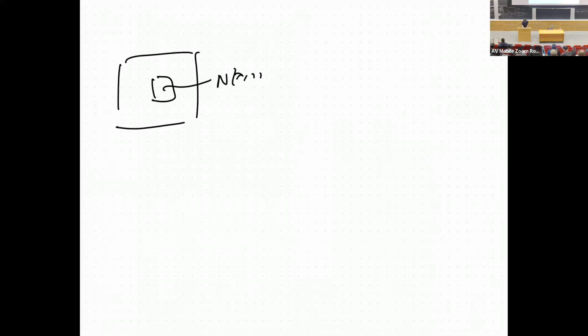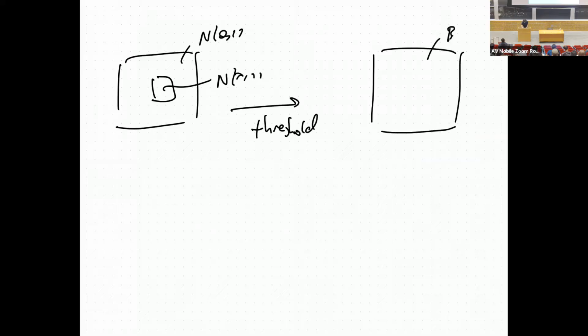So maybe I'll just draw that. Right, so if we threshold, these become Bernoulli half. These become Bernoulli half plus a constant times lambda.